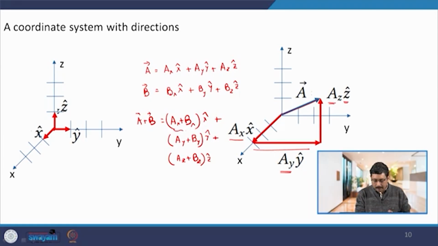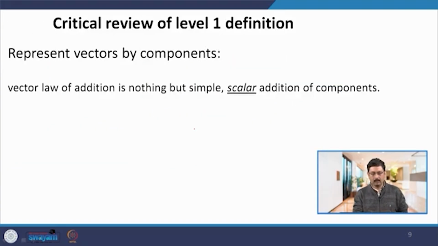This part is a simple scalar addition. This is the meaning of the statement that the vector law of addition is nothing but simple scalar addition of components.